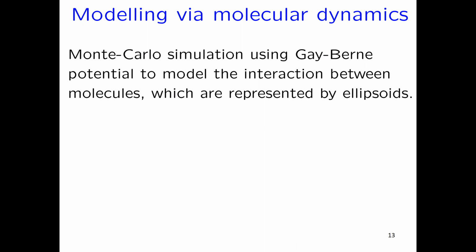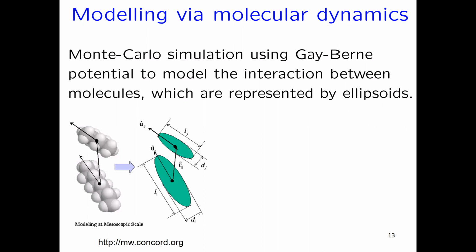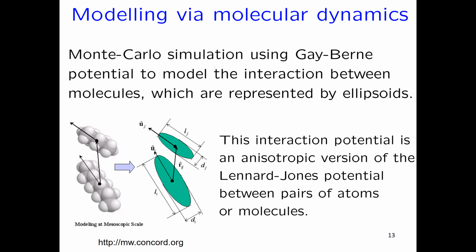One such interaction potential is the so-called Gay-Berne potential. The molecules are going to be represented by ellipsoids. They look more like this, but we think of them as ellipsoids. And there'll be distances between the ellipsoids and different angles, orientations of the ellipsoids.